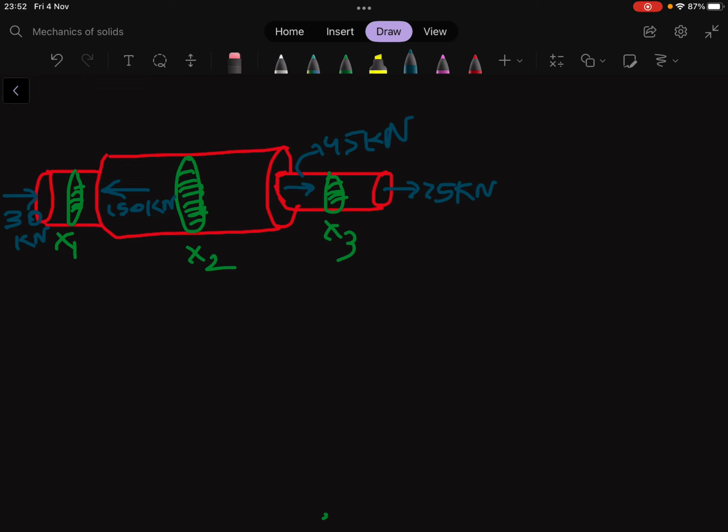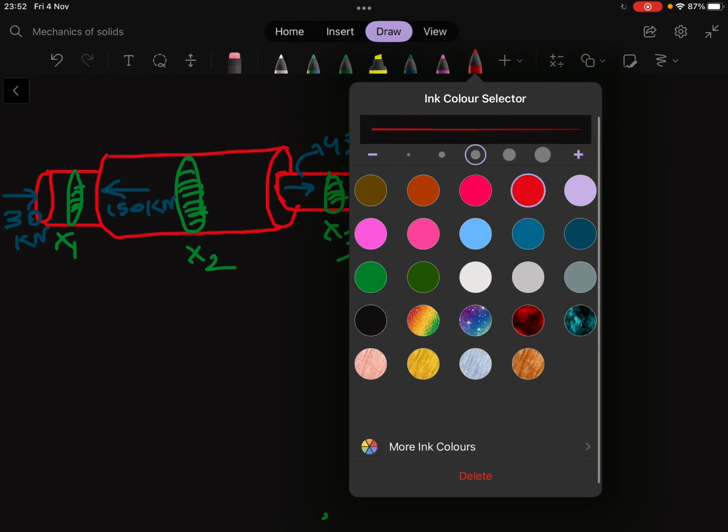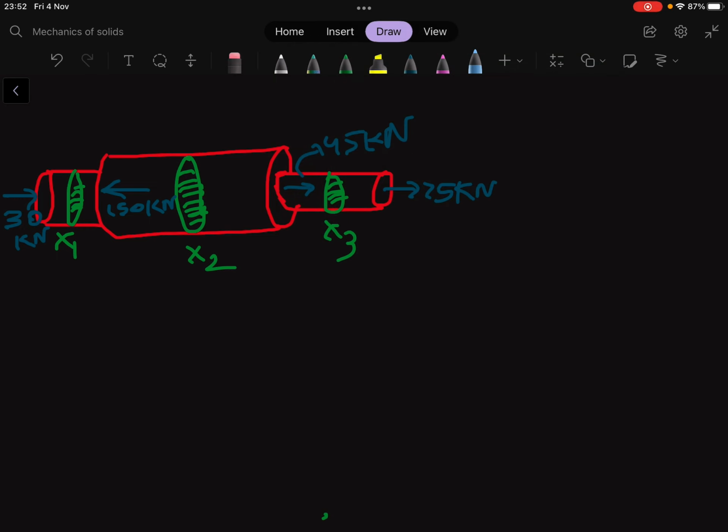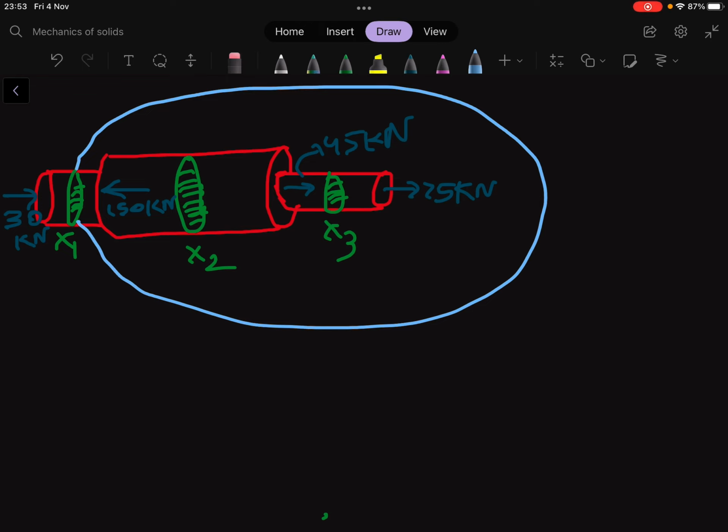So for this section x1, either you take the right hand side or you take the left hand side. We can see that if you're taking the left hand side, we need to make less effort for calculating the net stress.